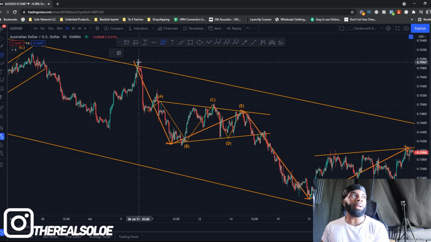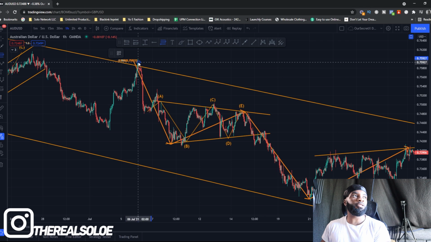We draw our Fibonacci from the beginning of the impulsive wave to the end of the impulsive wave, which will be the beginning of the corrective wave. And then we figure out those two levels that I showed you, which we use to figure out the end of the next impulsive wave and the start of the corrective wave.